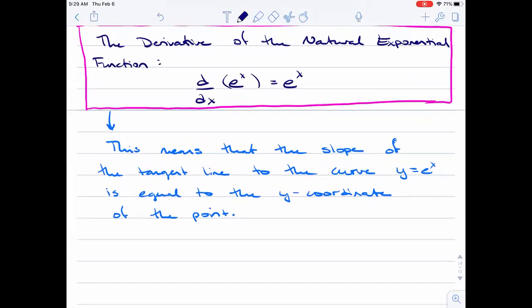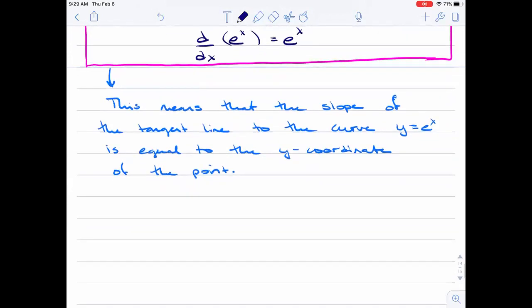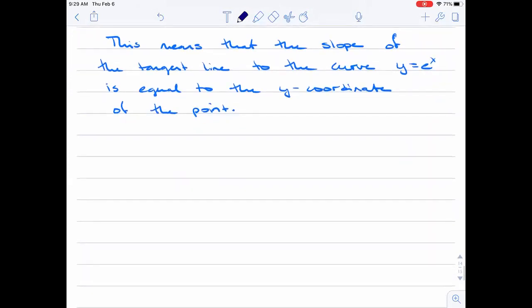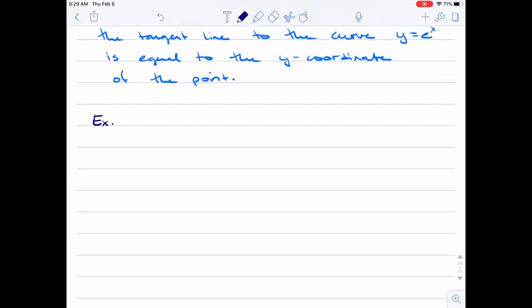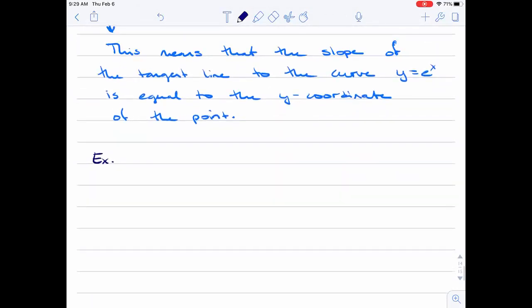We don't really do examples using what's the derivative of e to the x because it just ends up being itself, so who cares? But we can do an example where we're using the fact that the derivative is just the y coordinate at that point.